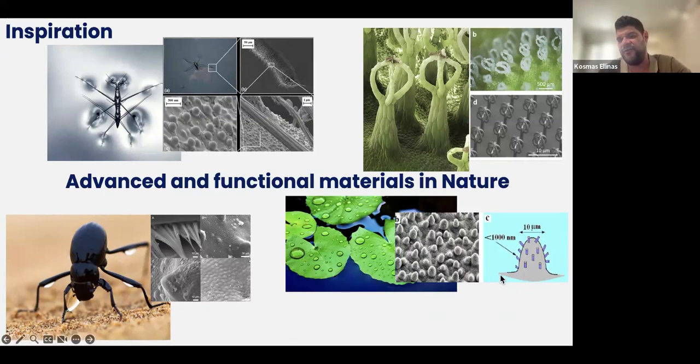And of course, the most famous one, which is the lotus leaf. Here we can see that a lot of leaves that stay on top of small lakes, etc., are usually very clean. This happens because these leaves have micro nanotopography on them and low surface energy, and they can self-clean by using the water rain.